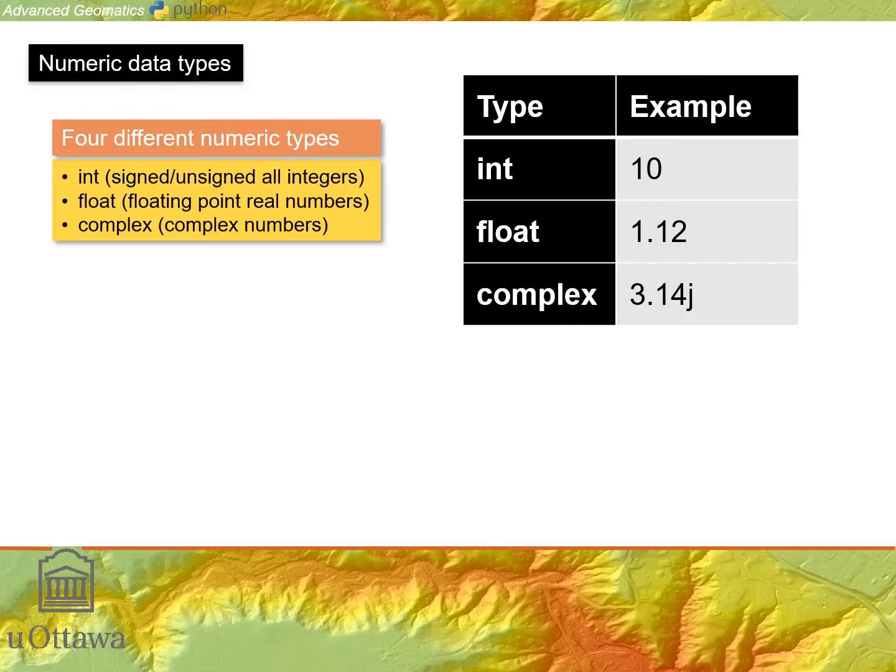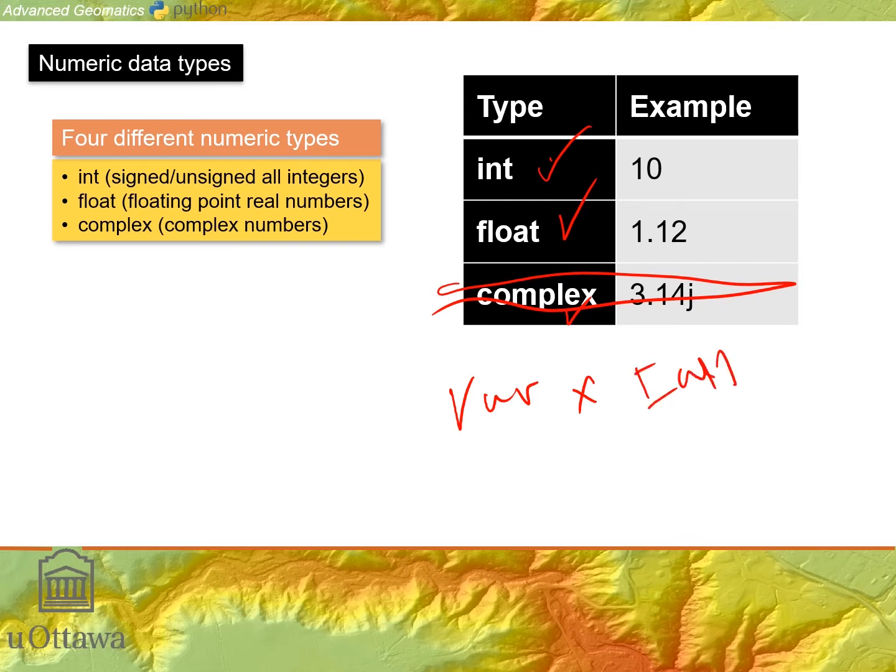So in terms of numbers, we have these types. We have int, float, and complex. You needn't worry about complex for stuff we're doing. So int, anything without a decimal. Float, anything with a decimal. And Python knows what it is, so there are no explicit type declarations in Python. In other words, you don't have to say var x int, or whatever.